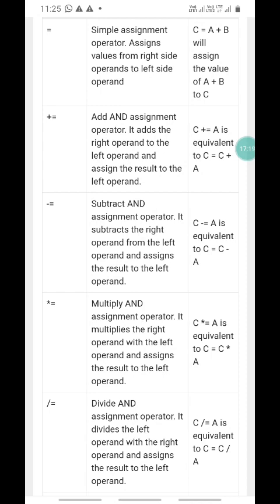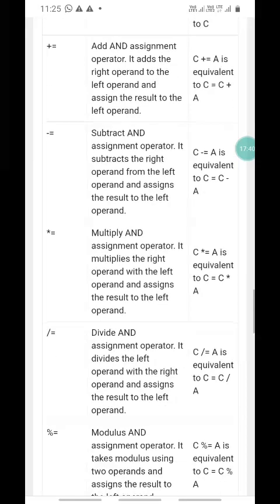Multiplication equals, that is the multiply and assignment operator. It multiplies the right operand with the left operand and assigns the result to the left operand. C times equals A is equivalent to C equals C times A. It is very simple.